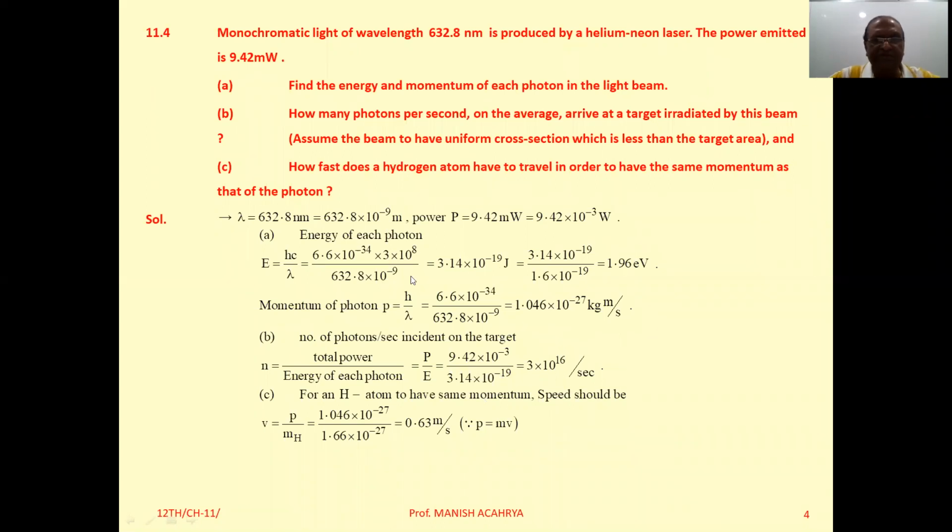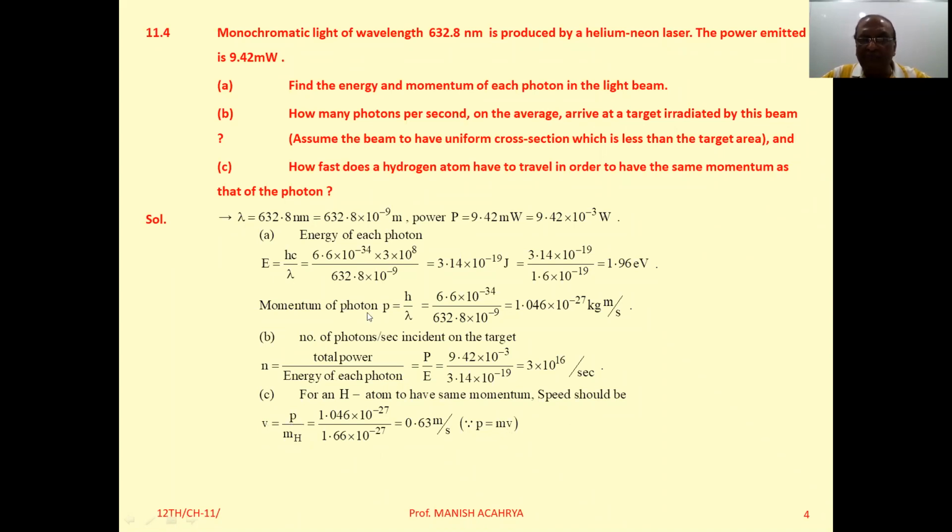Then third question: how fast does a hydrogen atom have to travel in order to have the same momentum as that of a photon? Momentum P is mass into velocity. So velocity is momentum upon mass of hydrogen, that is of proton.